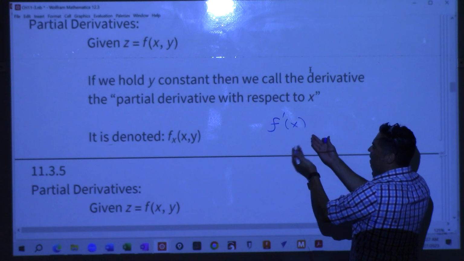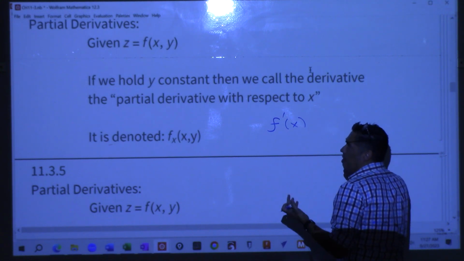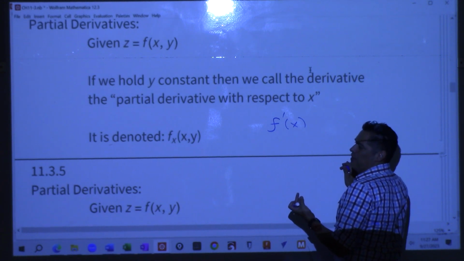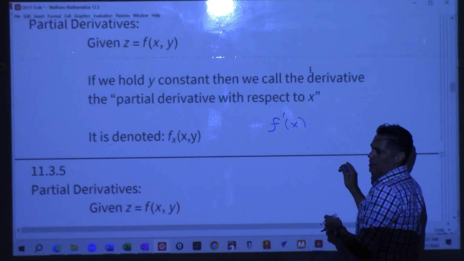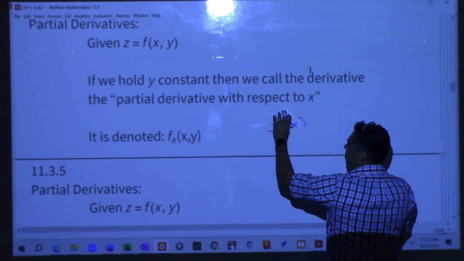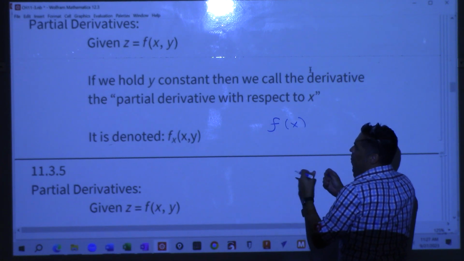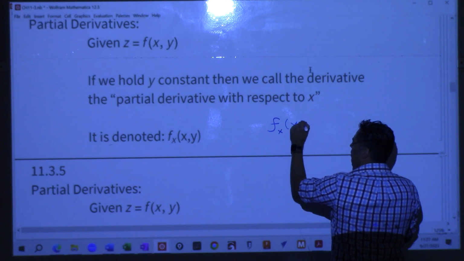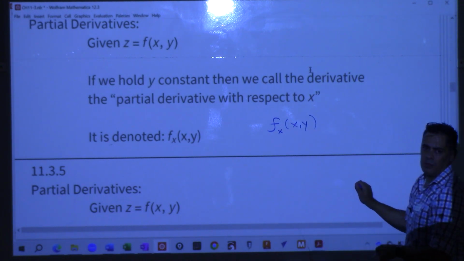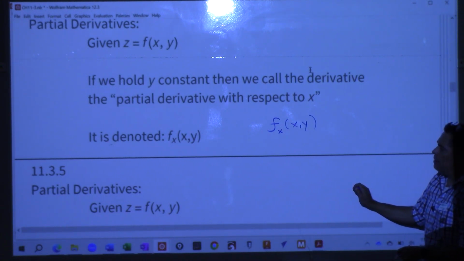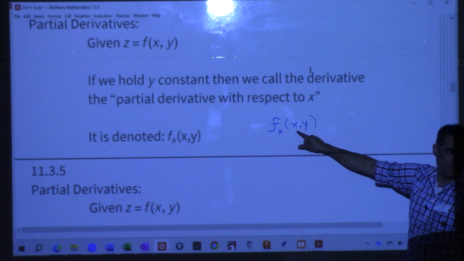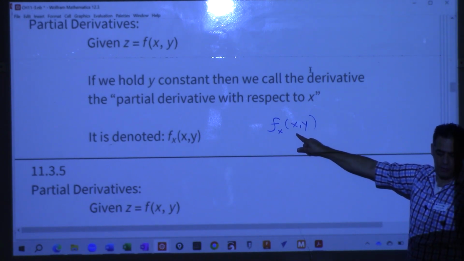We can no longer be that ambiguous with our notation because we need to know what is the variable and what we're holding constant. So we put an x here, and of course it's not a function of a single variable, it's a function of two variables.